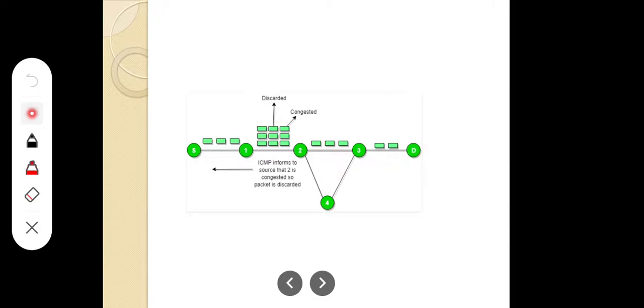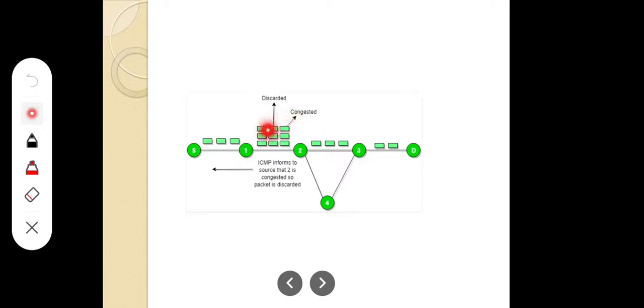Here the source is sending 3 datagrams at a time, so we have 9 datagrams. A router can collect and process only 3 datagrams at a time, and then transfer those 3 datagrams to the next neighboring router.